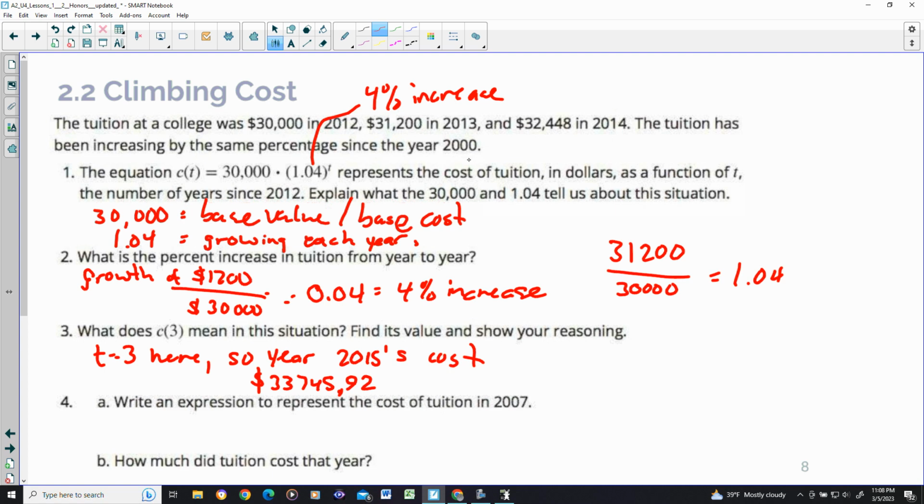So if that's the year 2000, what can we do? How can we rewrite this? Because if it's been the same percentage since 2000, yet the value that we have is for 2012. So could we rewrite this function? We could shift it back to 2000.